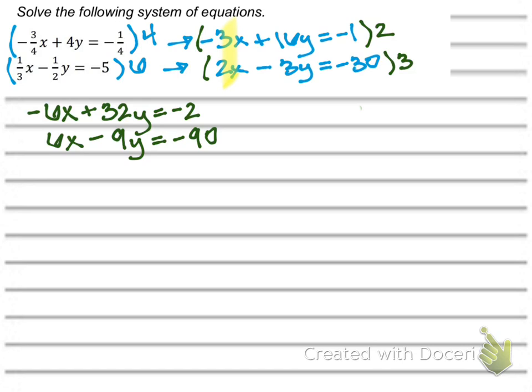All right, so now we're going to add these guys together, right? And when I add them together, my 6's are gone. And I have 32 minus 9, which is 23y equals negative 92. And dividing both sides by 23, y is negative 4.